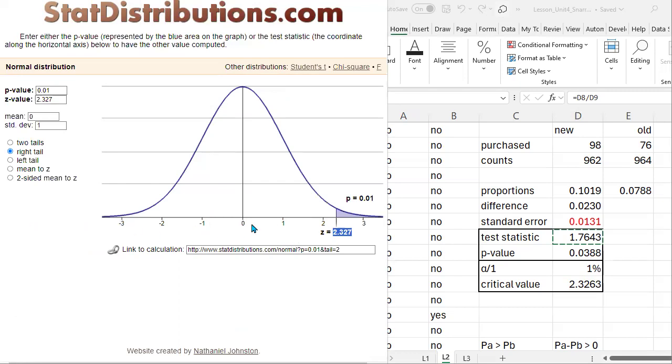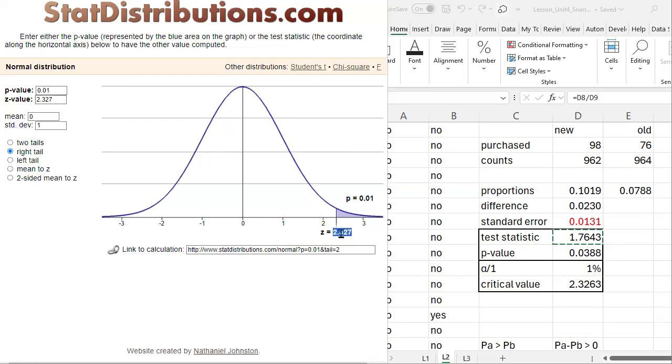If the test statistic were in the hump, the difference is insignificant. If the test statistic is down here, say minus 3.5, then that difference is significant but negative. If the test statistic is here or somewhere in here, that would support the null hypothesis.